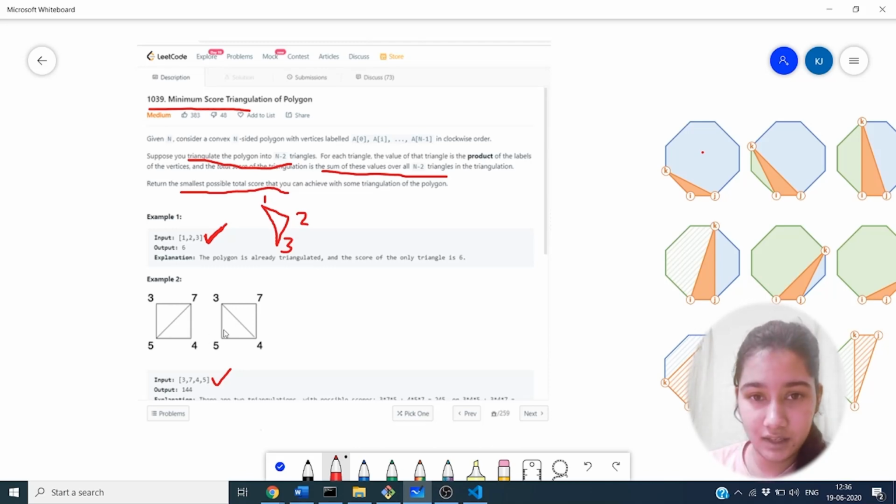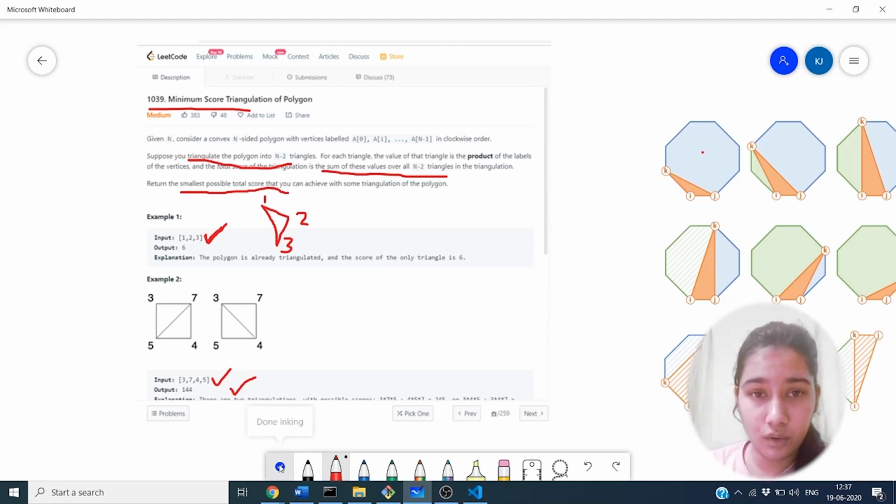And in the second condition, the answer is 3 into 7 into 4 plus 4 into 5 into 3. So amongst both, we have to return the minimum score which we are getting from both. So the answer comes out to be 144 in this condition.